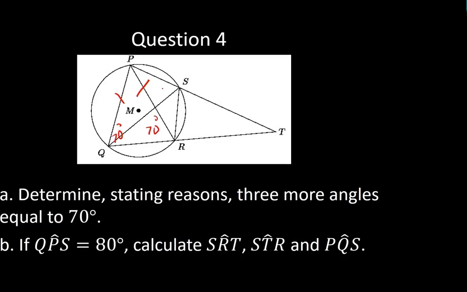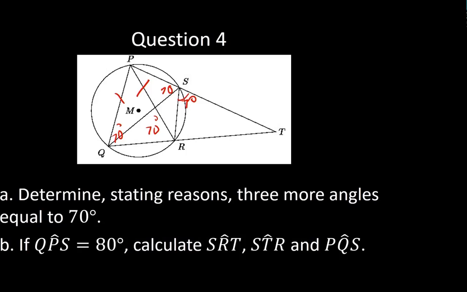Angle PSQ is also 70 degrees because of angles in the same segment, and angle RST is 70 degrees because it is the exterior angle of cyclic quad PSQR. All right, there we go. 3 angles that are equal to 70.